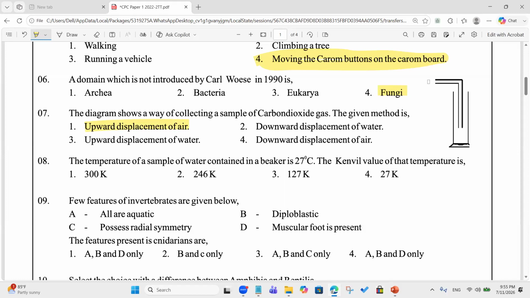This is upward because when the gas that we produce enters the vessel, the air inside the gas jar goes out. It displaces out or upward. So that is correct. Okay, can you suggest me a gas that can be collected using this method? Which gas did we collect by this method?